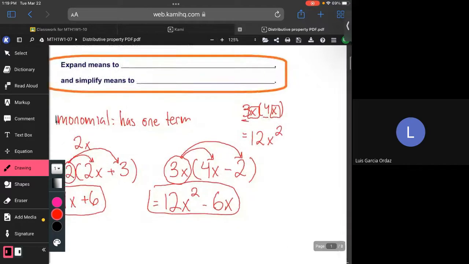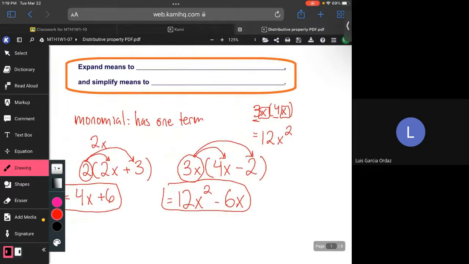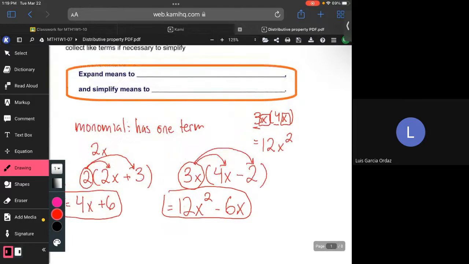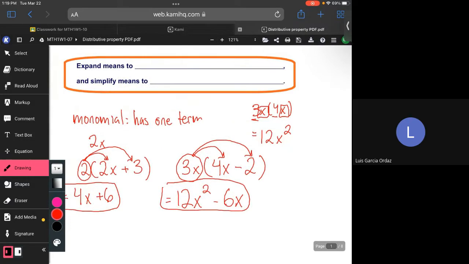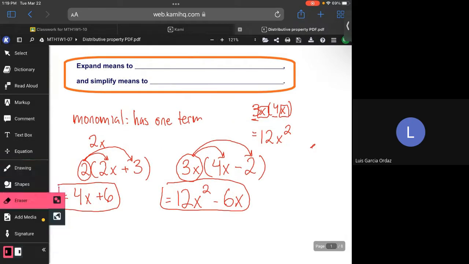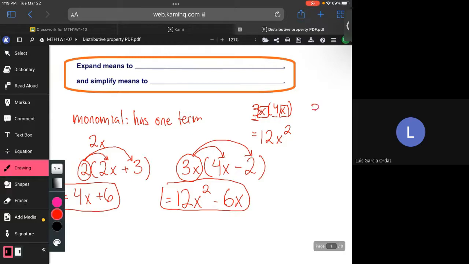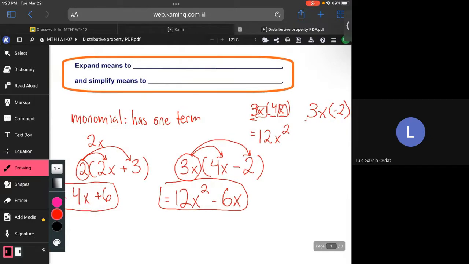So same idea. I have my 3x, multiplied by negative 2. So we start with our numbers. What's 3 times negative 2? Negative 6.